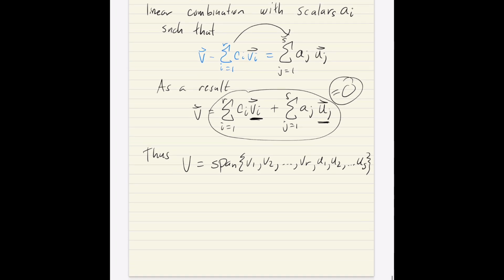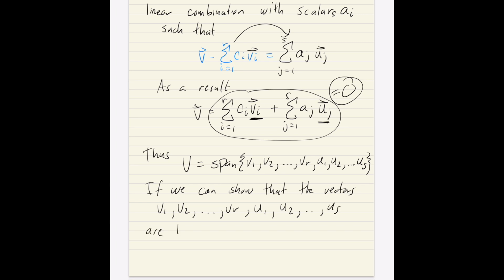If we can show that the vectors v1, v2, all the way to vR, and u1, u2, all the way to uS are linearly independent, then it will follow that this set is a basis.